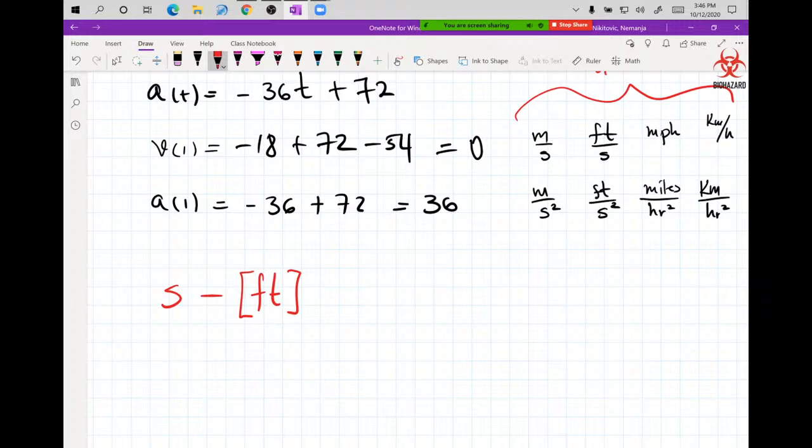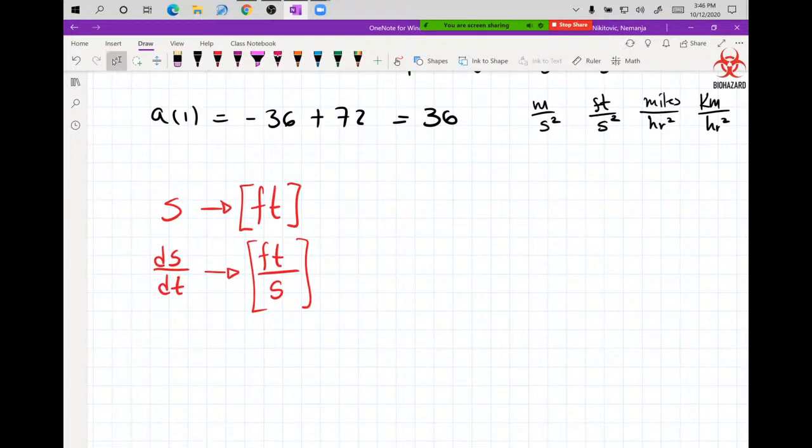That's the position. Then when you take the derivative of that with respect to time, you get your units. Again, you have S on top, that's your feet, and you have your time on the bottom, and that's going to be, let's say, seconds. And that's going to be your velocity.